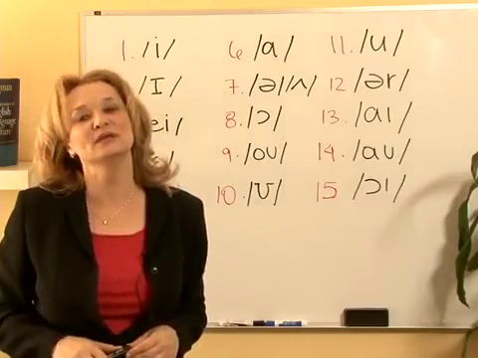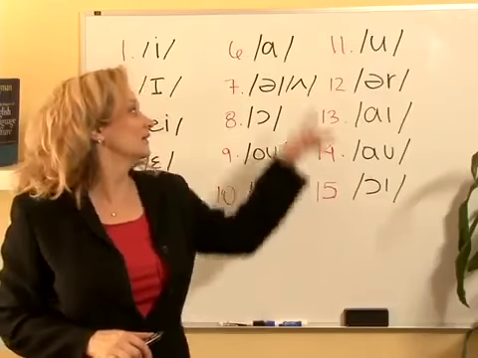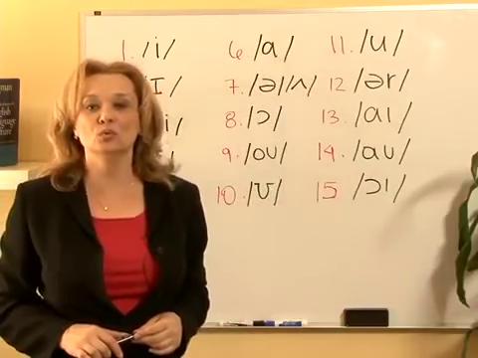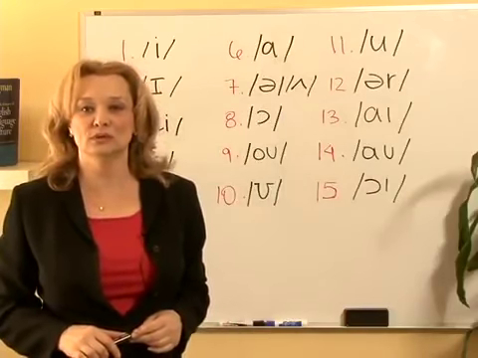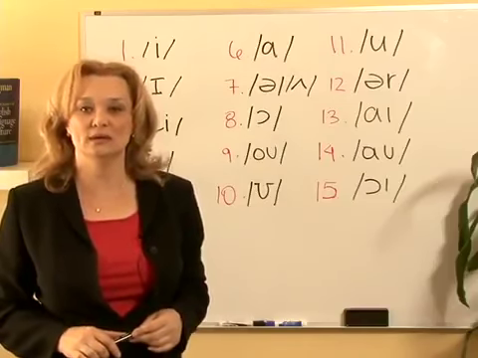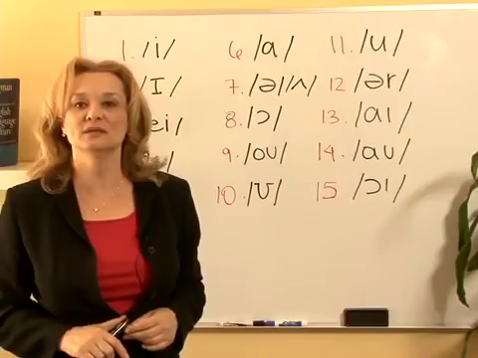Say it with me. Vowel number 11, oo, as in moon, shoes, room, blue. Say it with me.